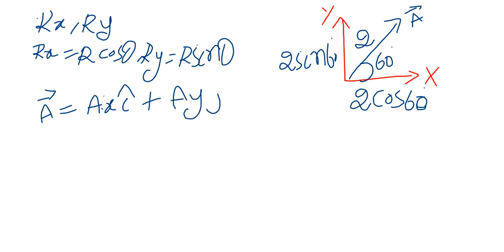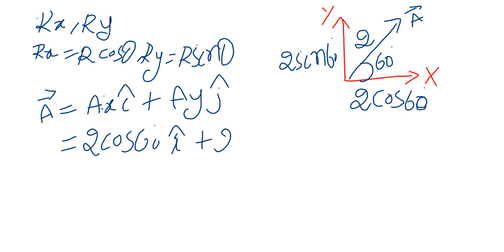So here the value of a bar is 2 cos 60 degrees i cap plus 2 sin 60 degrees j cap.